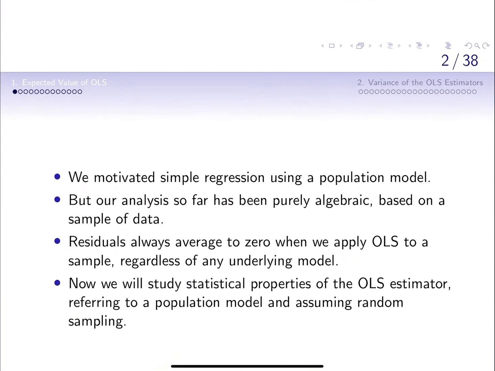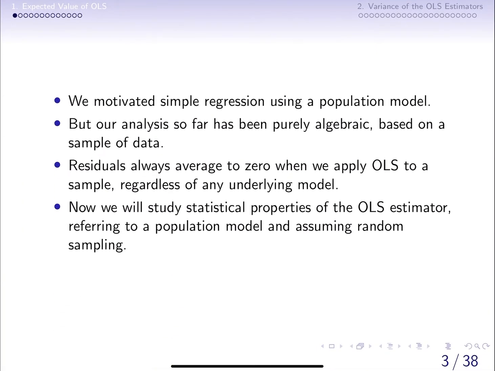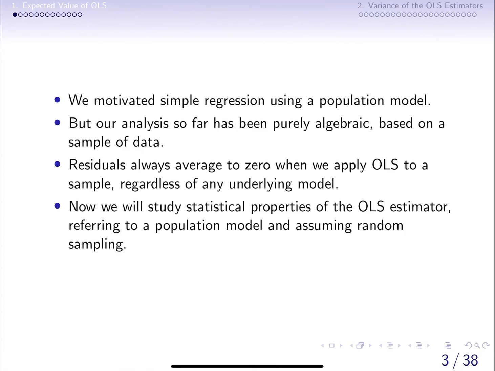We will introduce some assumptions that are necessary to prove unbiasedness of the OLS estimators, and later we will also talk about the variance. So recall that we've introduced the simple linear regression model, which was essentially a population model, right? So far we've also tried to come up with expressions that are purely algebraic based on a sample of data.